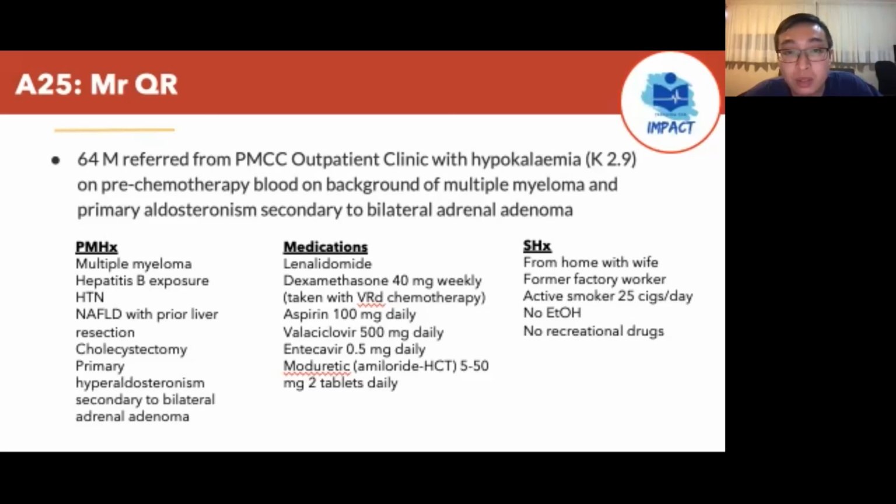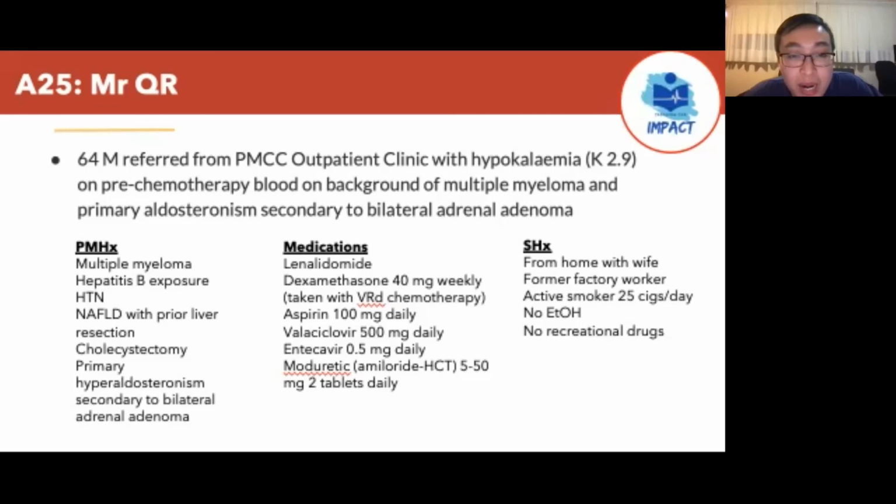So this patient was in the Peter Mac outpatient clinic doing pre-chemotherapy bloods, and it was incidentally found that he had a K of 2.9. This is on a background of multiple myeloma and primary hyperaldosteronism, which is known to be secondary to bilateral adrenal adenomas.